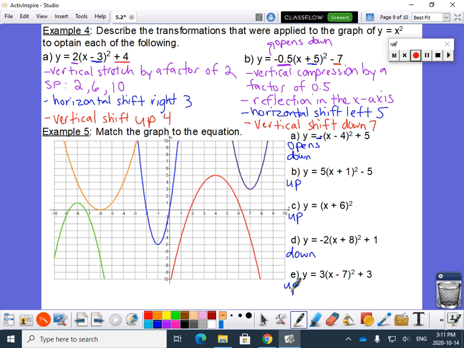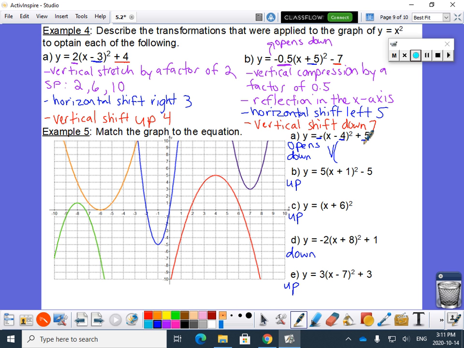The next thing that is very important to do is to determine the vertex. So we know that the vertex is this value and this value. We've learned that so far.